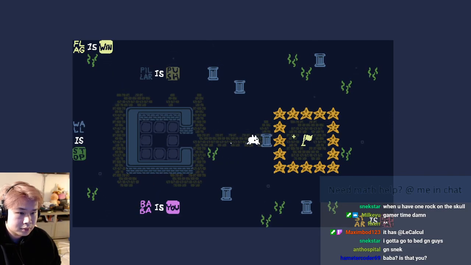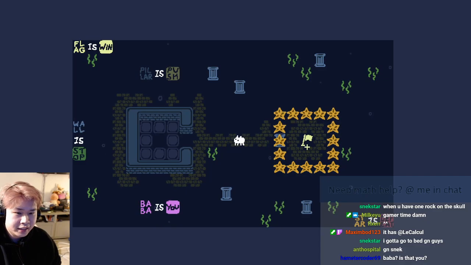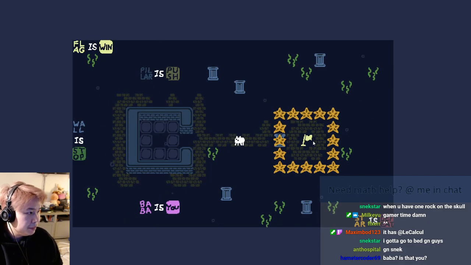So what I'm thinking is I push the pillars to overlap the flag, and then I turn myself into a pillar so that I'm already there.